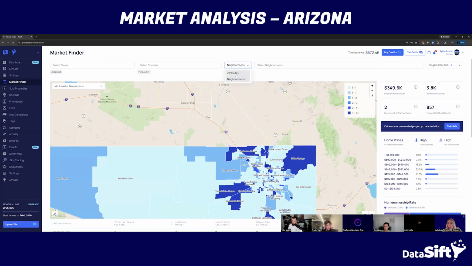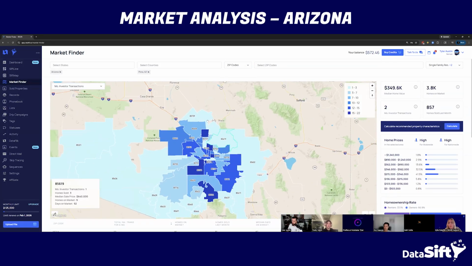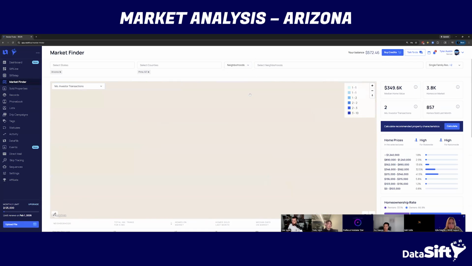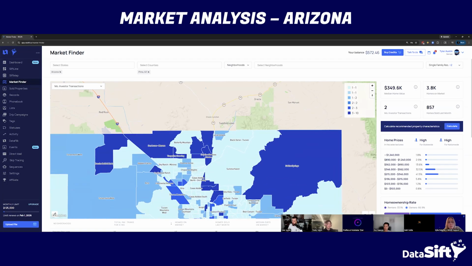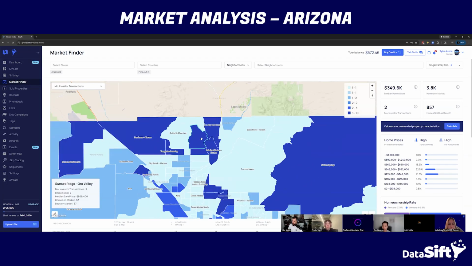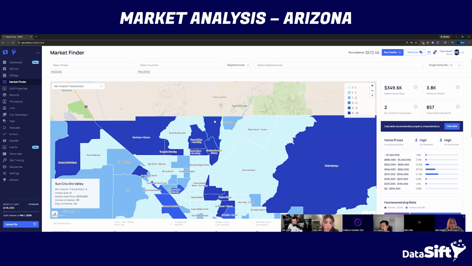Oh crap. Oracle, Southwest Oracle off of 10. Switch to neighborhoods. Okay, so yeah, it looks like it's probably about right here. We have Sun City Oro Valley at 379. It's got 4 investor transactions.